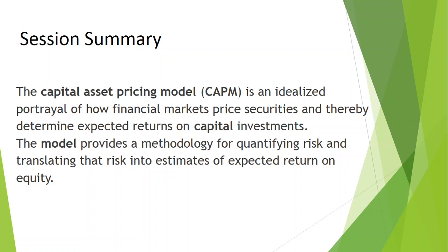Information is freely and simultaneously available to investors. In this case, investors have homogeneous expectations of risk and returns. The investor needs to estimate the expected returns and variance for all securities under consideration.